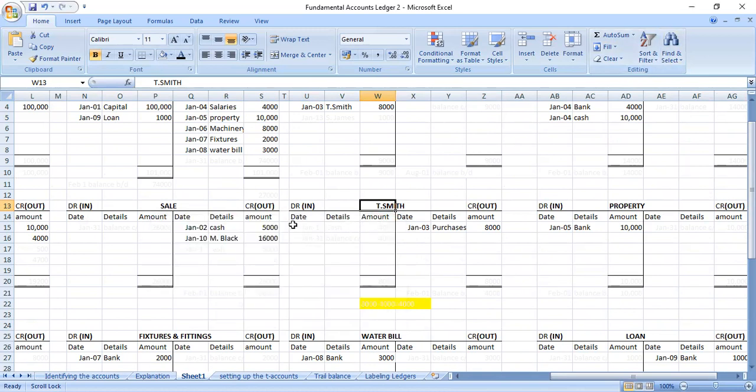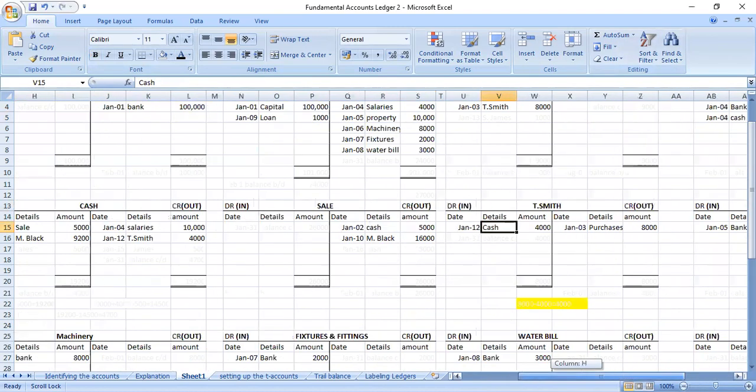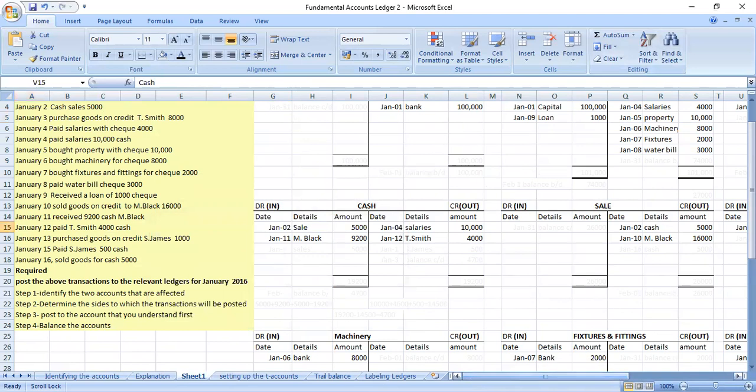Remember it was a cash transaction. So it was January 12th, and we paid T Smith $4,000 in the form of cash. Let us now go back to our transactions and see what else we have to do.